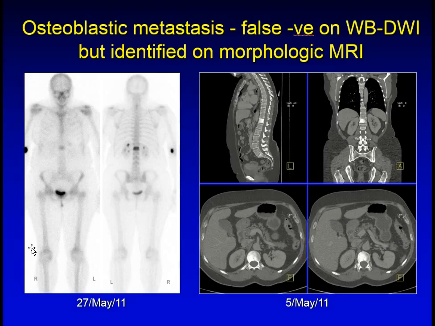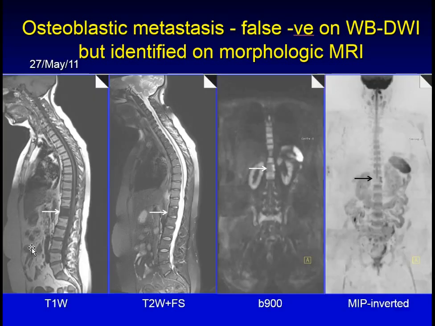I just thought I'd show you an example of a sclerotic metastasis. You can see the bone scan is positive. You can see the CT scan is positive. But if you look at the MRI scan, what you observe is that on the diffusion image, this is a negative defect. It's not a bright spot. So there are some osteoblastic lesions which can be false negative on the diffusion imaging, but will be identifiable on morphological MRI.